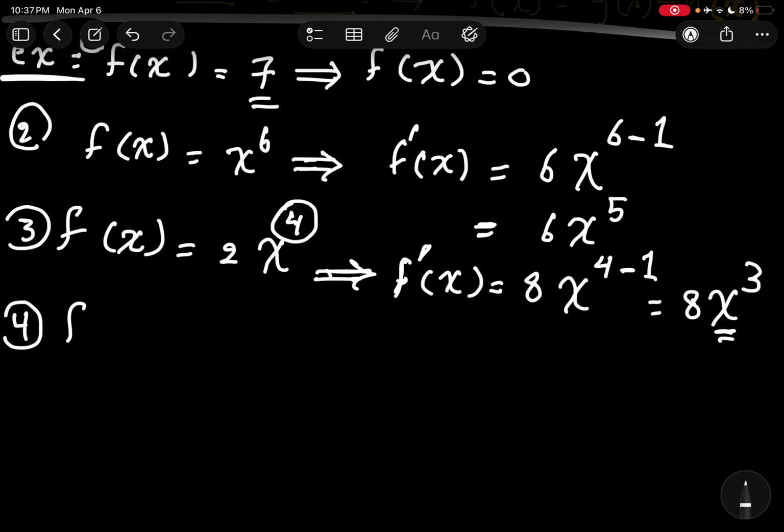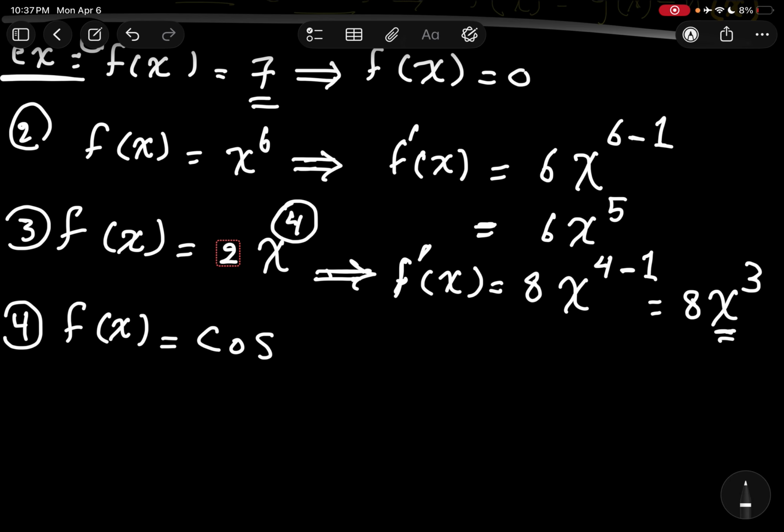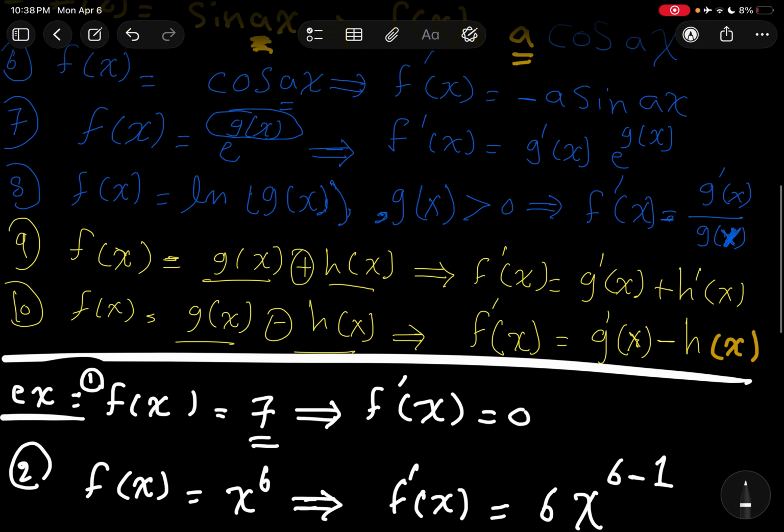Fourth example, f of x equal cosine negative 2x. I'm gonna solve some of the examples, and later I'm gonna give you homework. So f prime of x equals negative, because we have -2 as an angle, and we have the rules of cosine ax. We studied it.